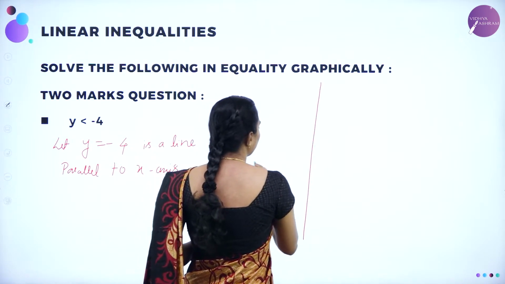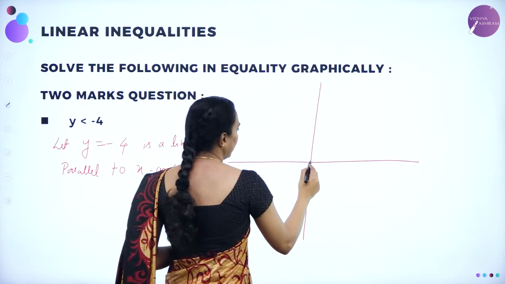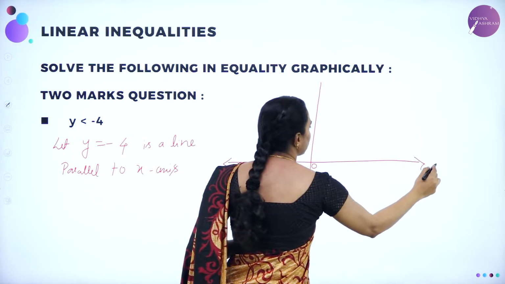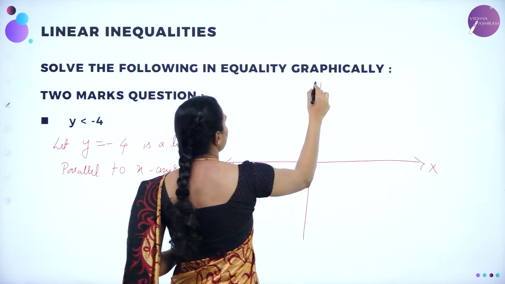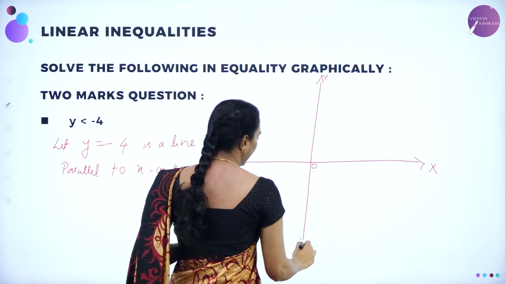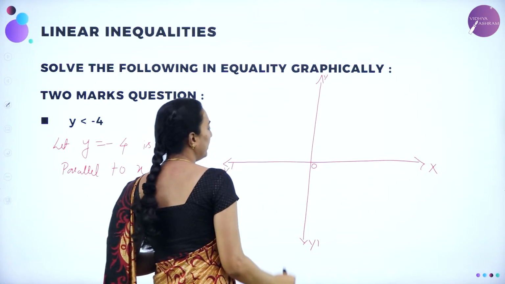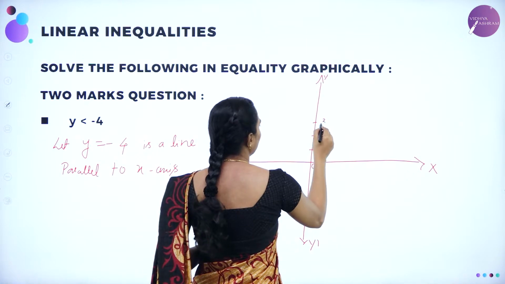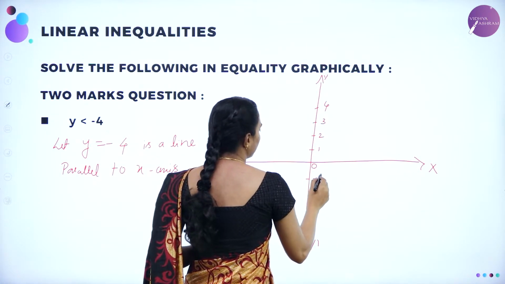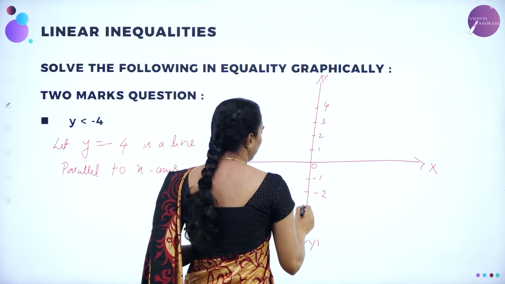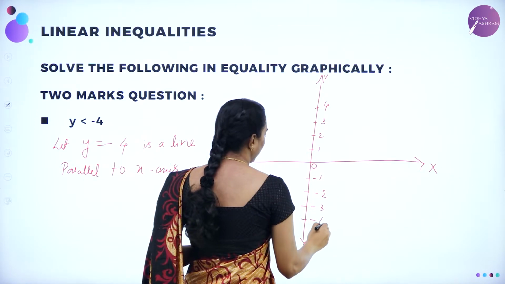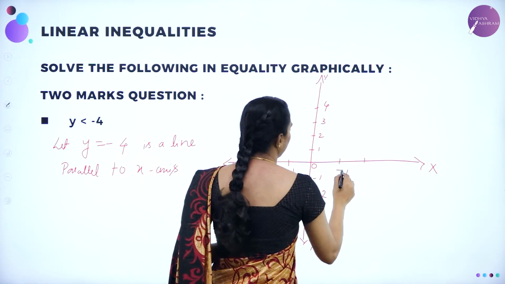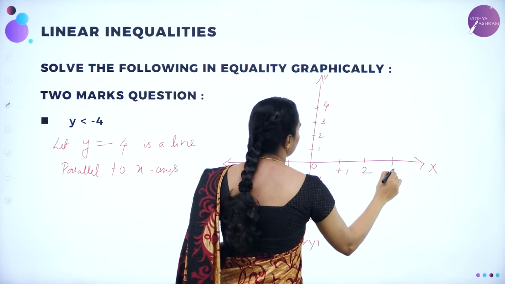Now this is the x-axis and the y-axis, and here the origin, and this is x'ox, and this is y'oy. Let me write down the points as, here 1, 2, 3, 4, here -1, -2, -3, -4, and here similarly -1, -2, -3, +1, +2, +3.